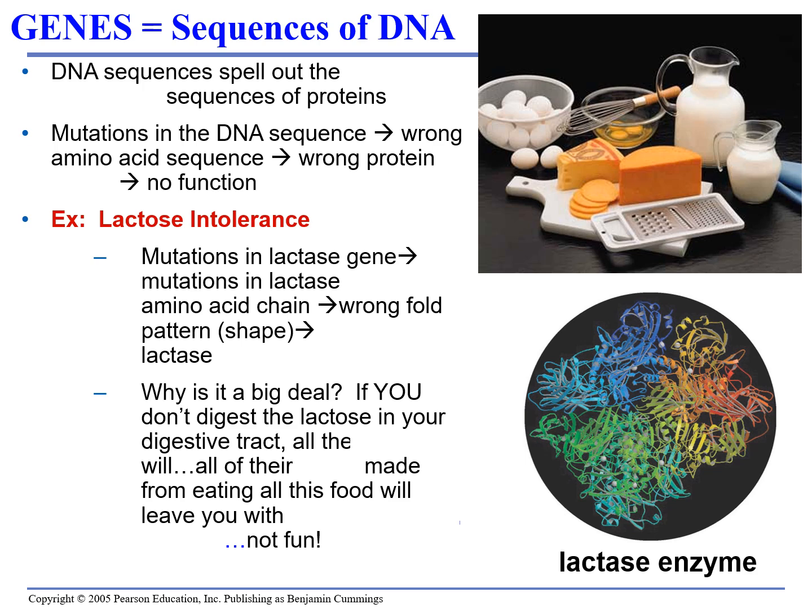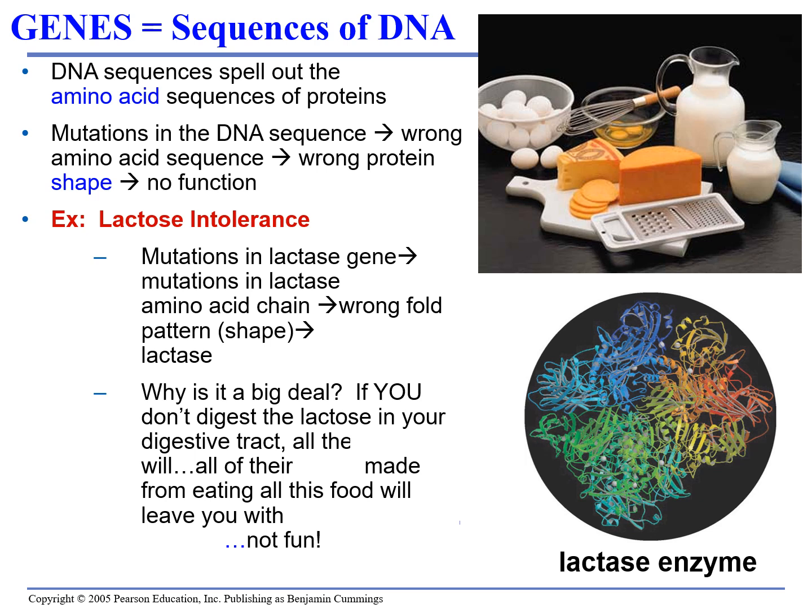So genes are equal to your sequences of DNA. DNA sequences spell out the amino acid sequences of proteins. A mutation in the DNA sequence results in the wrong amino acid sequence, which results in the wrong protein shape, and then there's no function. So let's summarize this.